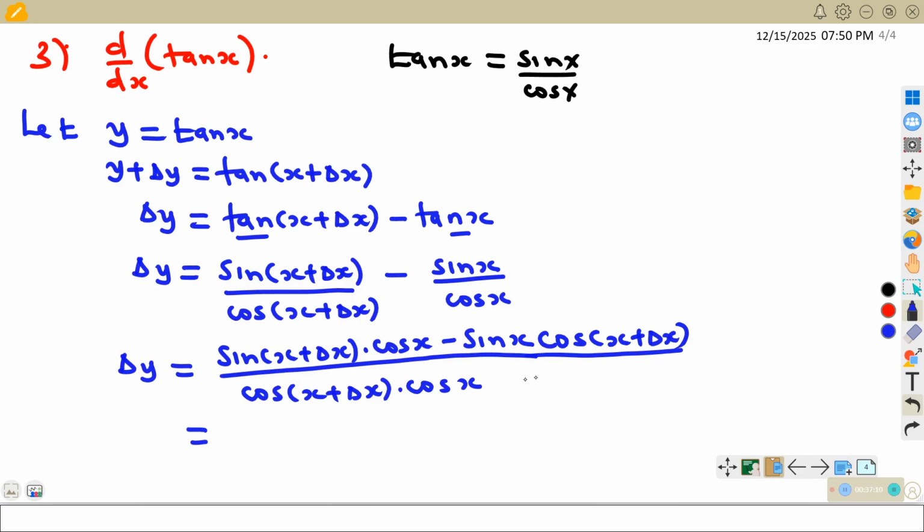When we were beginning, we talked about the sum of the expansions for sine and cos. Is there anyone who can easily tell us what this one in the numerator represents? We have sine of x plus delta x times cos of x minus sine of x, cos of x plus delta x. When you look at what you have in the numerator, what do you think about?